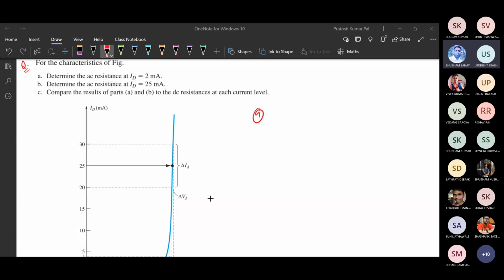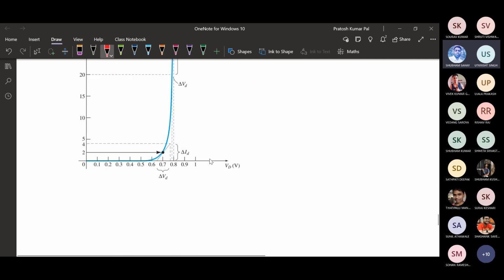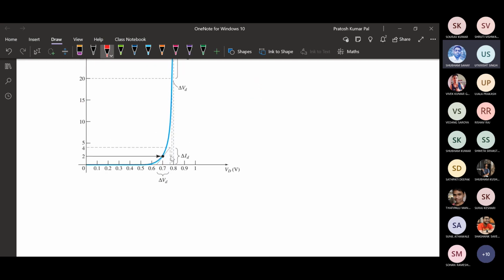So suppose at a particular ID, that is 2 milliampere, this is the point of 2 milliampere. At this point, we will be drawing a tangent.